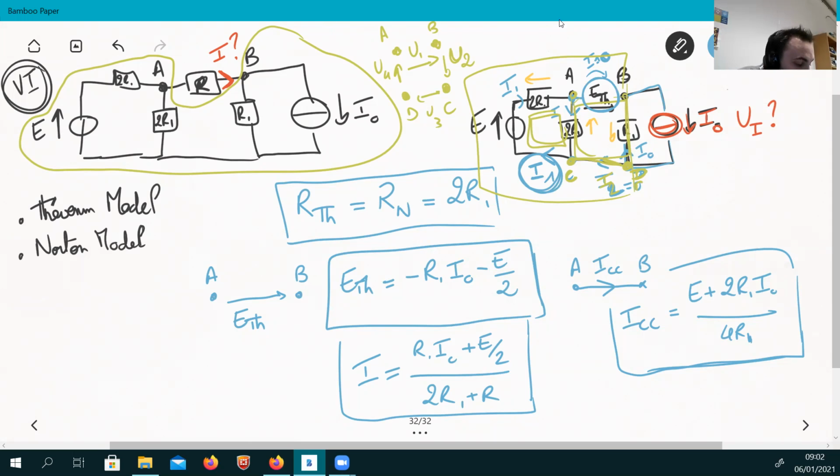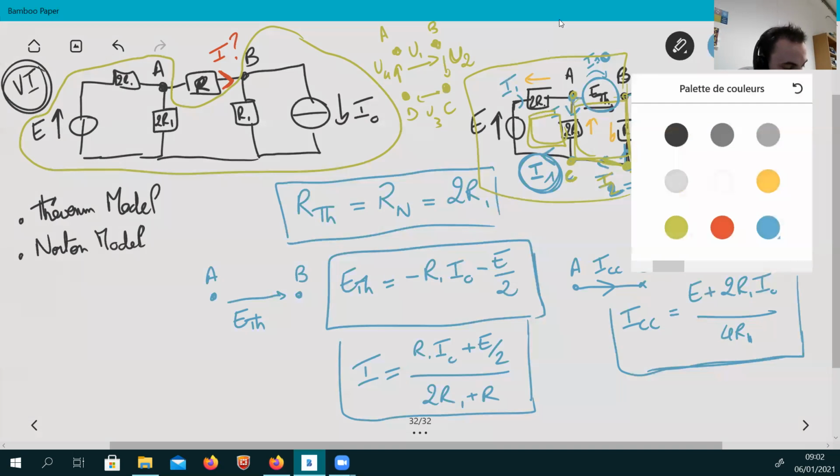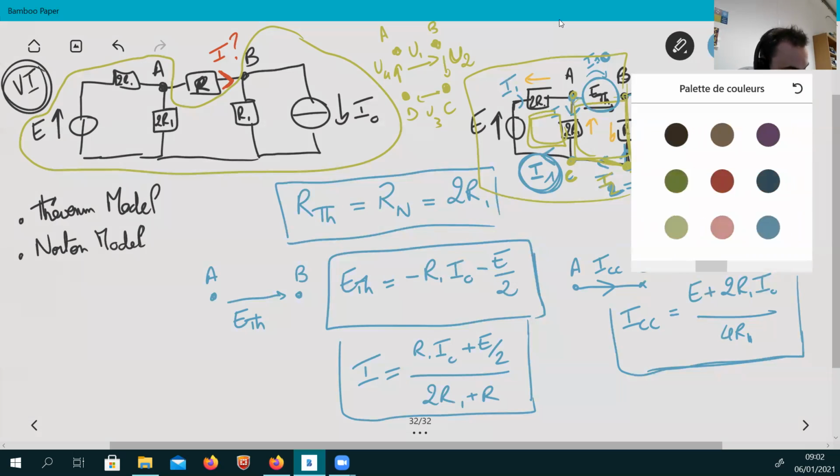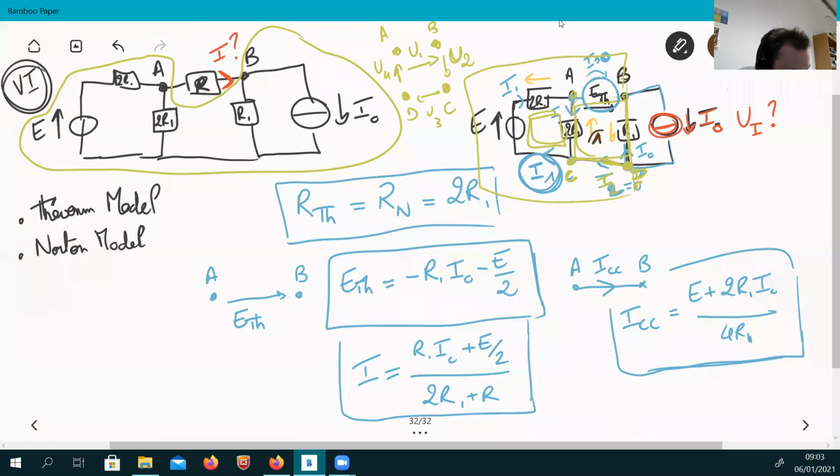So the first one is applying, let me take another color here, brown. Mesh one here, I have ETH plus R1 I0.